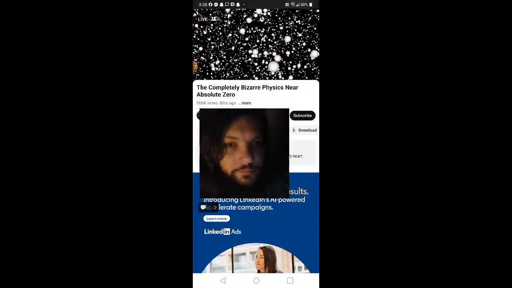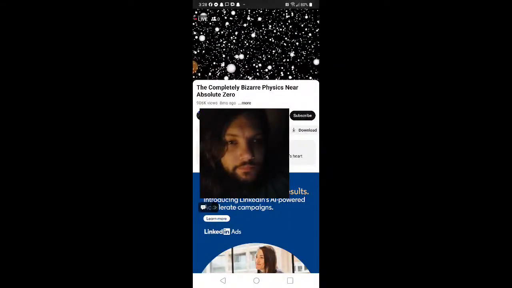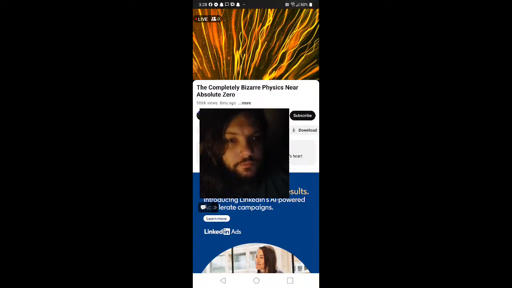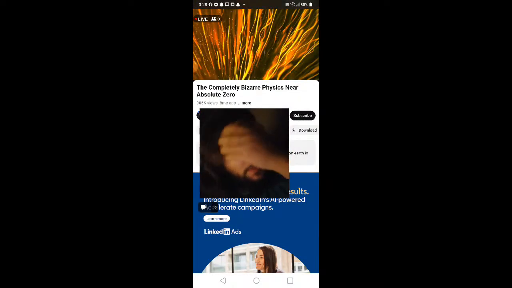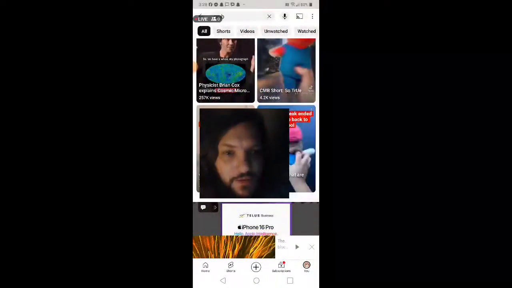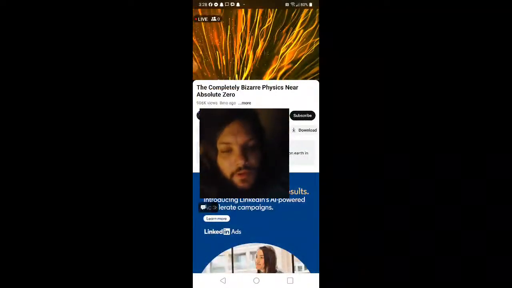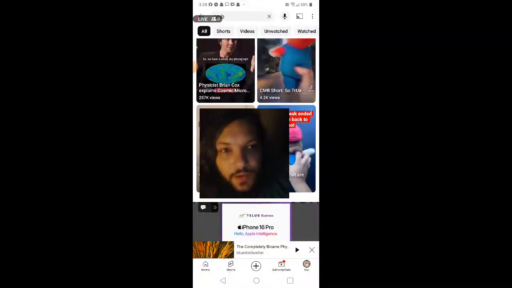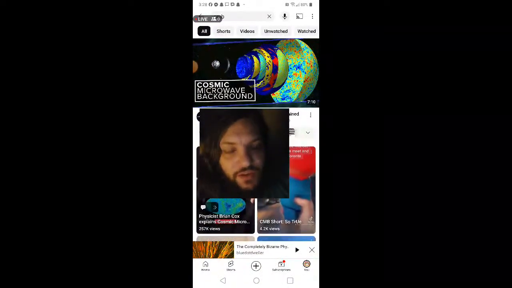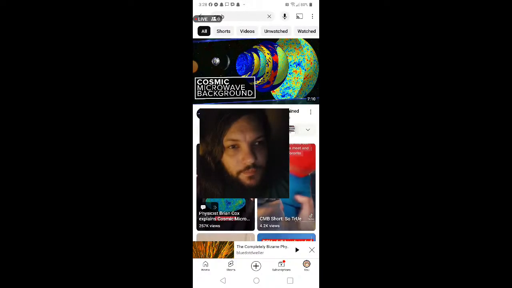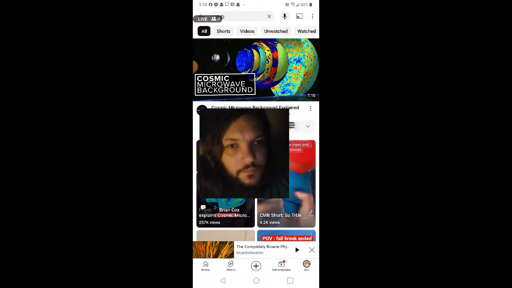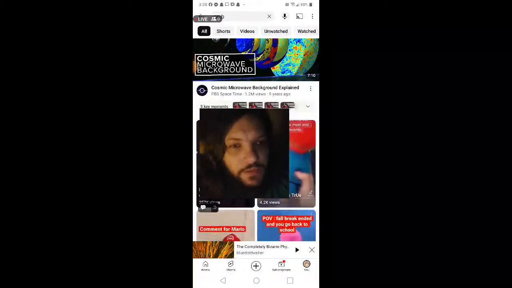This stopped electrons from endlessly scattering light, and so photons could travel freely, and this radiation is still detectable as the cosmic microwave background. So look. Again, this is the picture of the cosmic microwave background as people say it. Right? That's what they say.